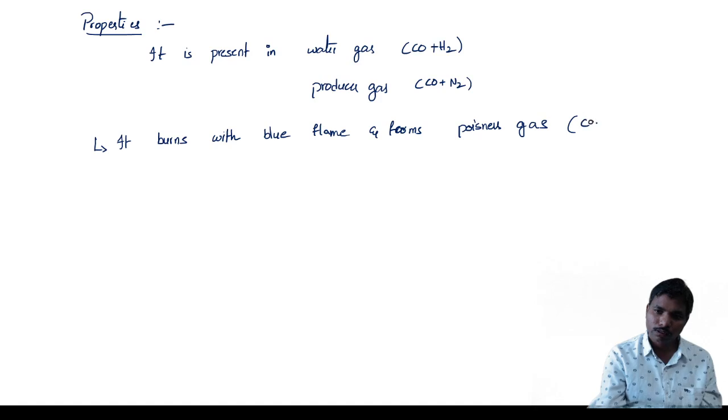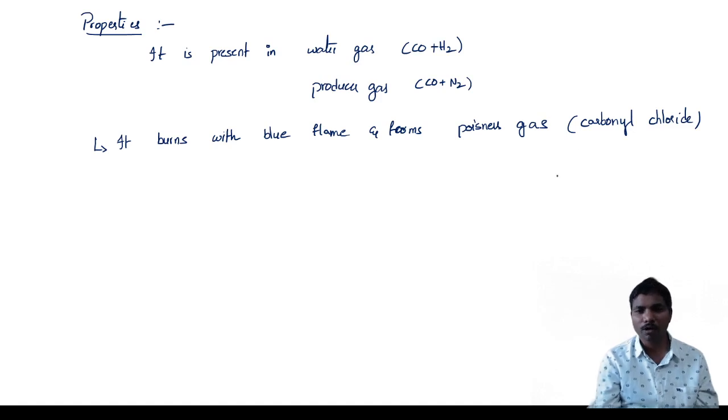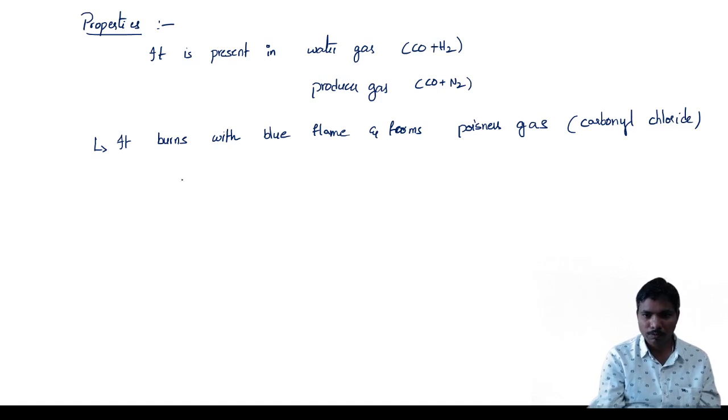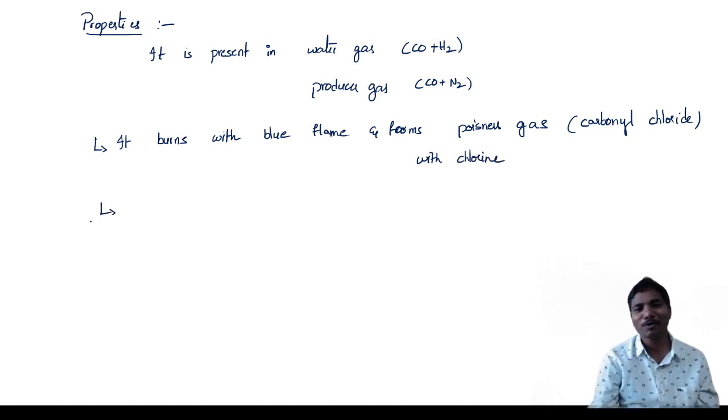Carbonyl chloride. That means it is reactive with chlorine and forms carbonyl chloride, a poisonous gas. And you know very well this carbon monoxide itself is poisonous.